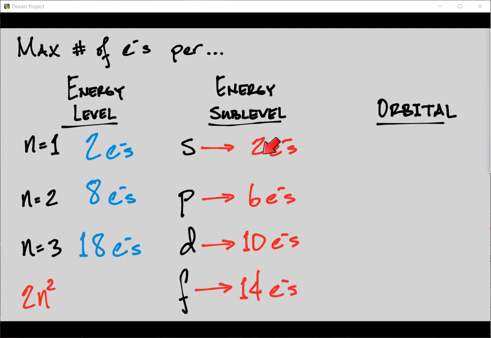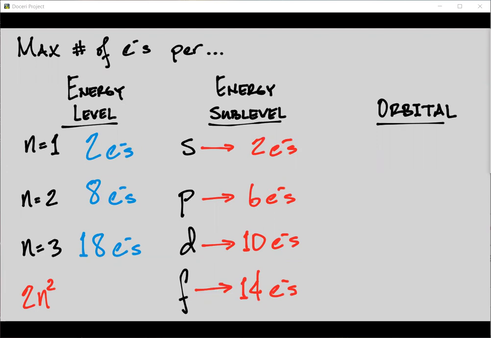So essentially it increases by 4. 2 plus 4 is 6, 6 plus 4 is 10, 10 plus 4 is 14. And the next sublevels are g, h, i, and so on, the next letters of the alphabet, basically.